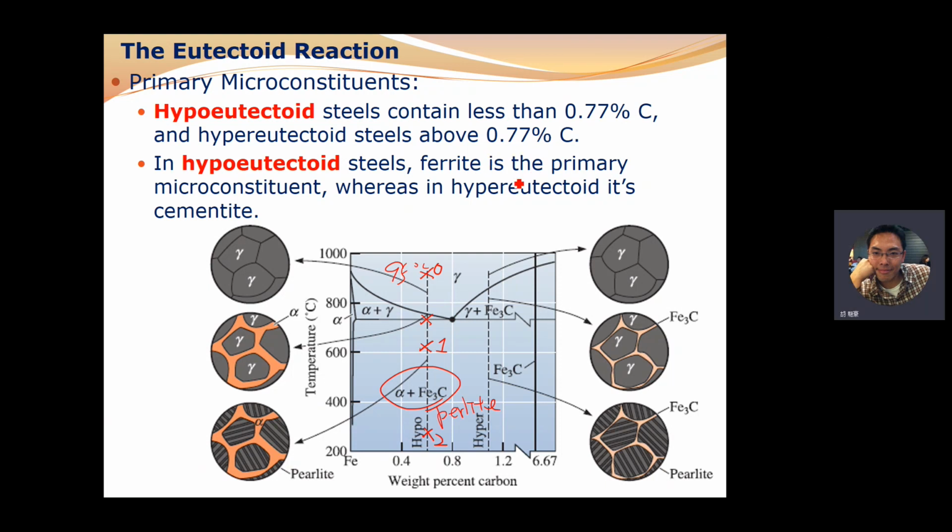If we cool from point 0 to point 1, this is delta T 0,1. And if we cool the temperature from point 0 to point 2, this is delta T 0,2.